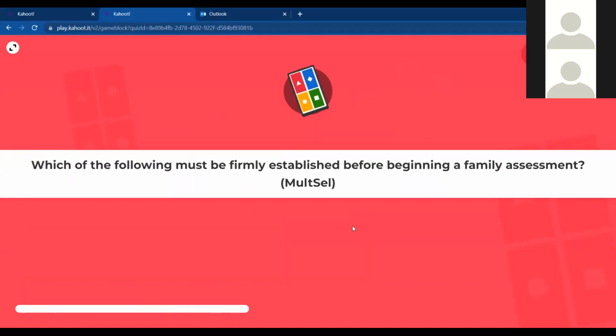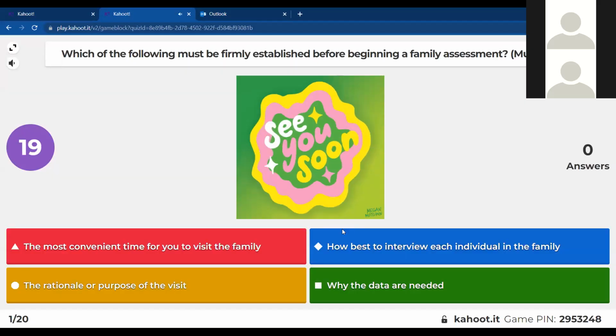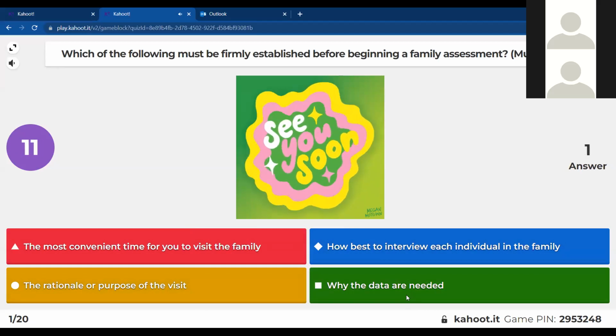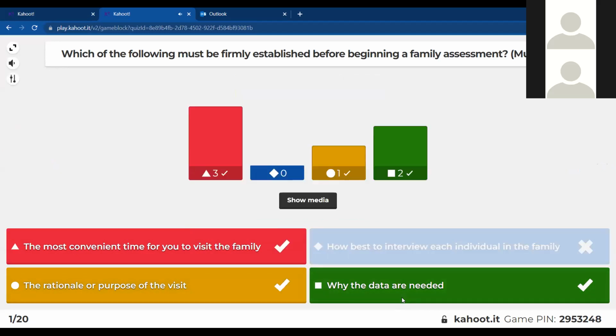Which of the family must be established before beginning a family assessment? Most convenient time, rationale, best to interview, and why the data is needed. This goes back to our phases that we went over. What phase was this?